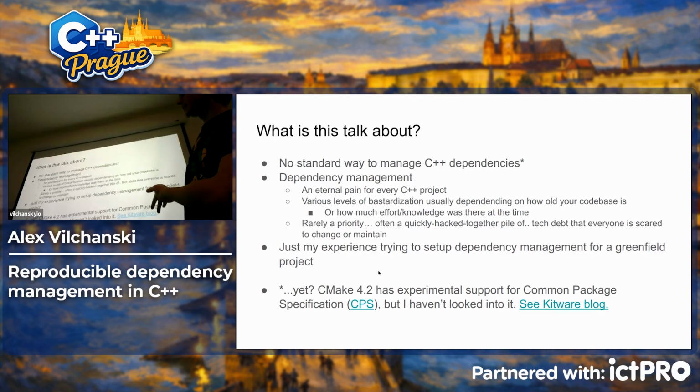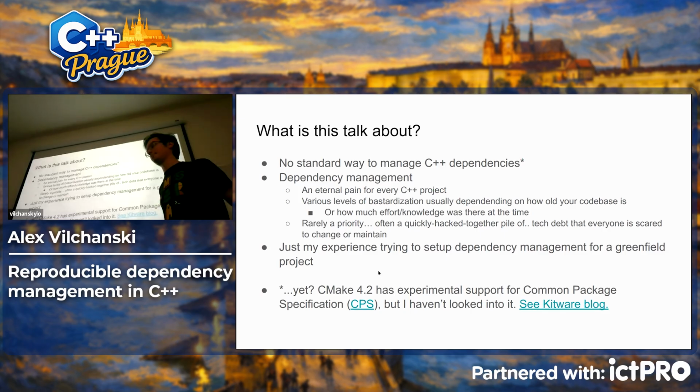So maybe we will have something more or less standardized one day. I don't know, so check it out. Kitware has a few blog posts on this topic, and the latest CMake even has support for whatever their proposal is.